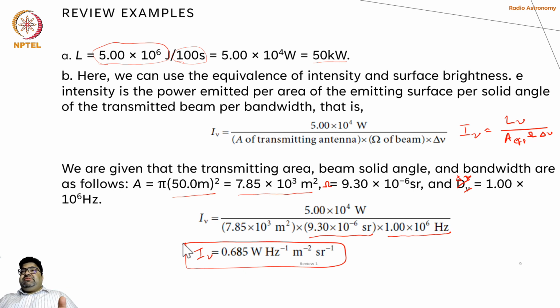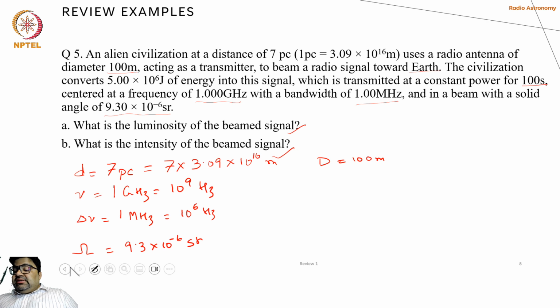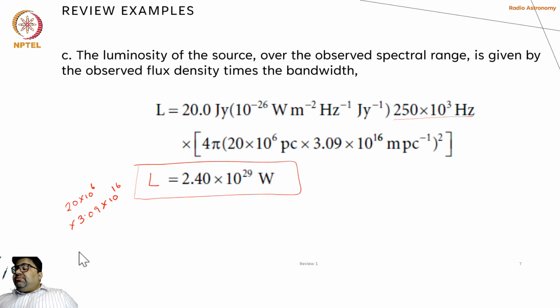So in the previous problem, we did the reverse one. We calculated the luminosity from the flux density and the delta nu and the distance.